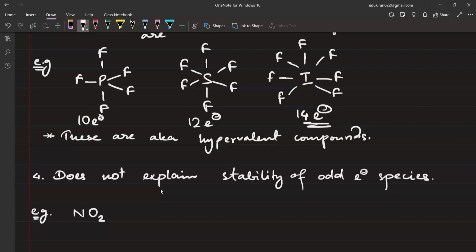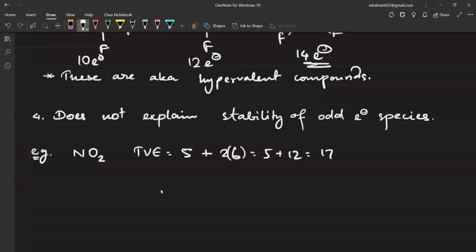So in this case, total valence electrons will be equal to how much? Nitrogen has 5, plus 2 into 6, which is 12, plus 5, which will be equal to 17. Now the structure of NO2 is something like this. Two bonds here, two pairs here, and it has a double bond like this. And then one electron, that is the odd electron, on the nitrogen atom.